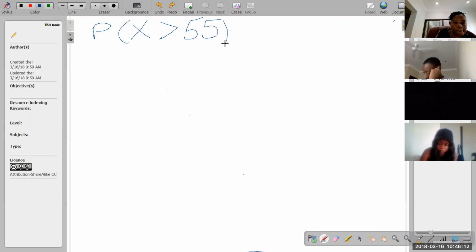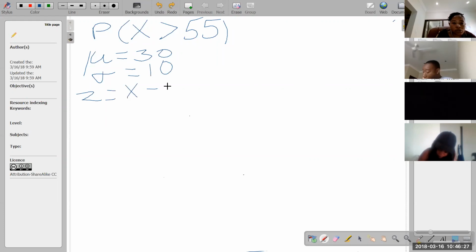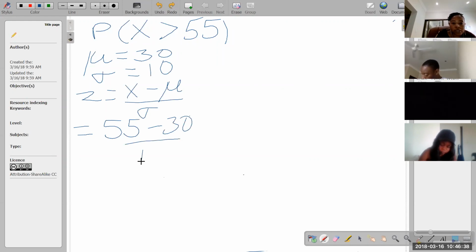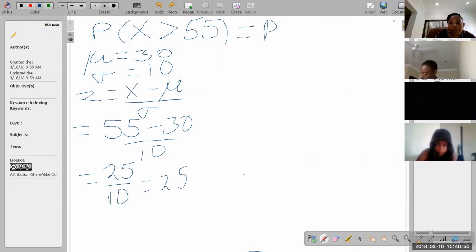So in this case, our mu is 30%, our sigma is 10%. z equals x minus mu over sigma. Our x is 55, that's what we're looking for, minus 30 over 10. Which is simply the probability that z is greater than 2.5.